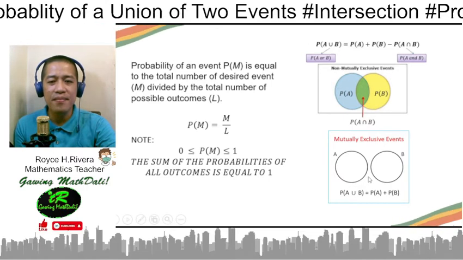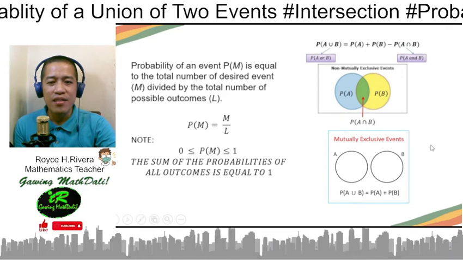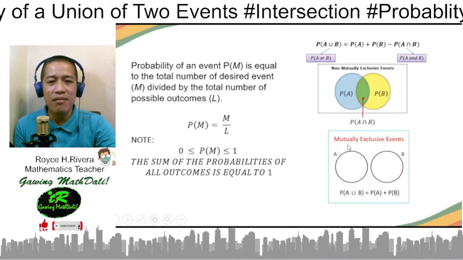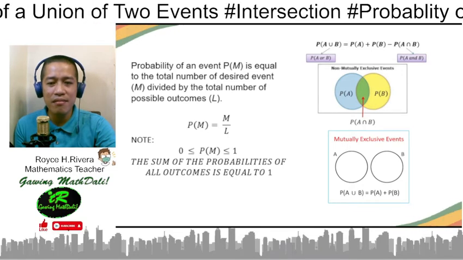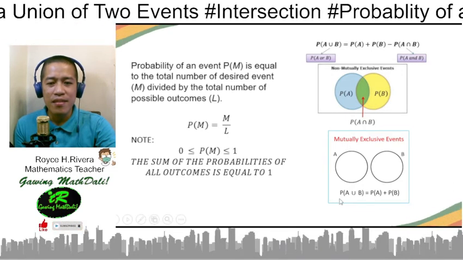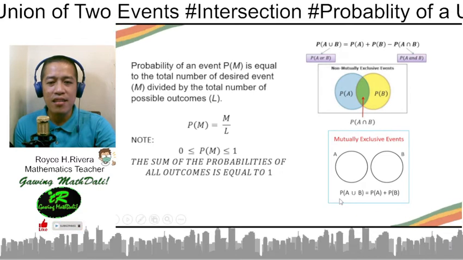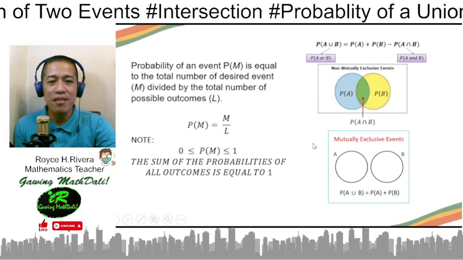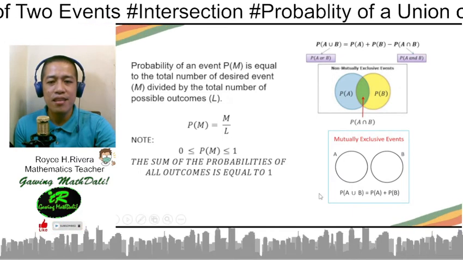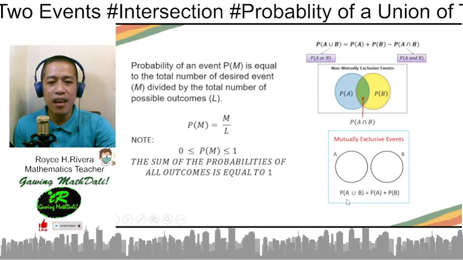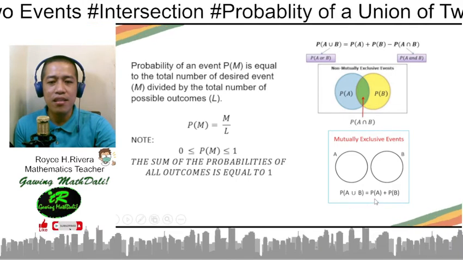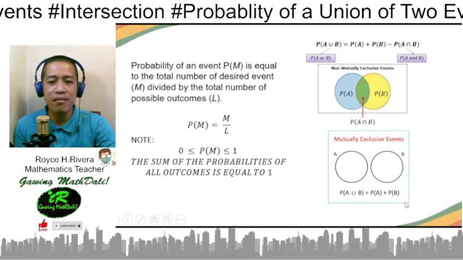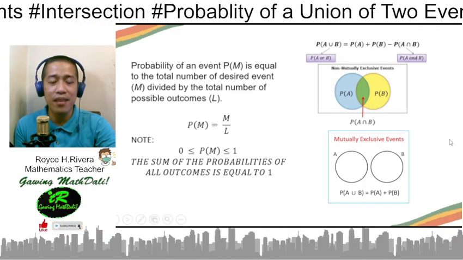And lastly, to get the probability of A union B, if the two events are mutually exclusive, we will just get the sum of the probability of the two events. In symbol, P of A union B equals P of A, or the probability of A, plus P of B, or the probability of B.